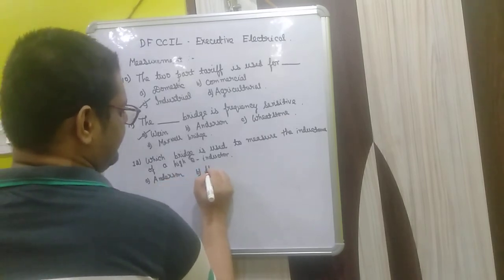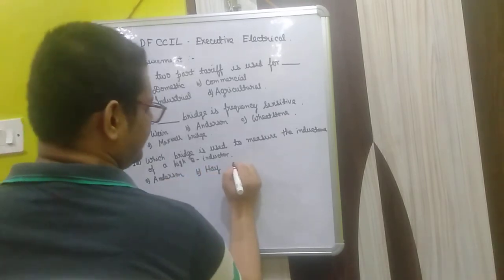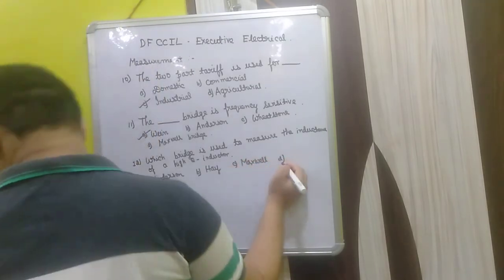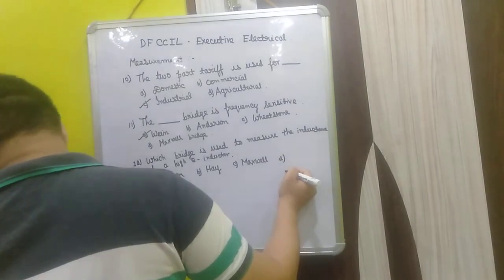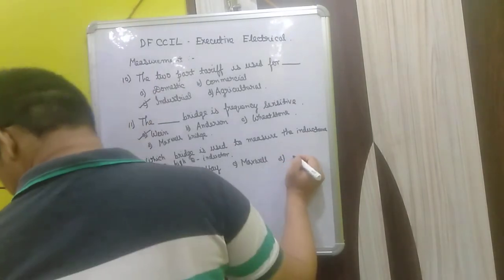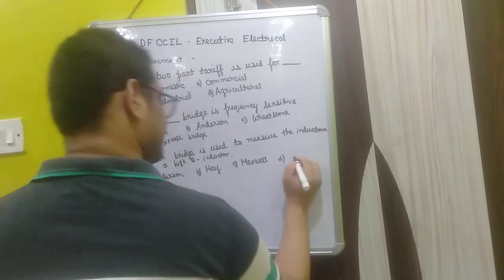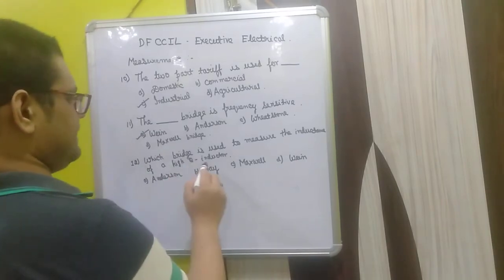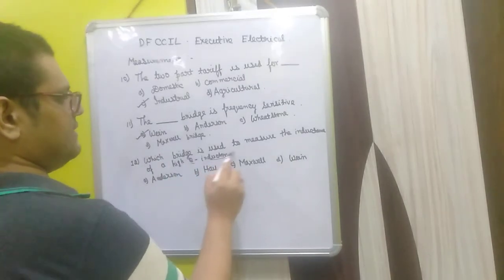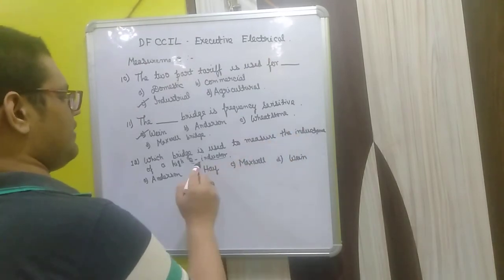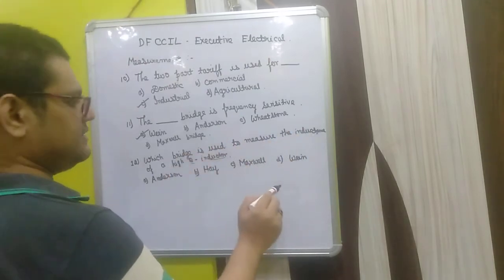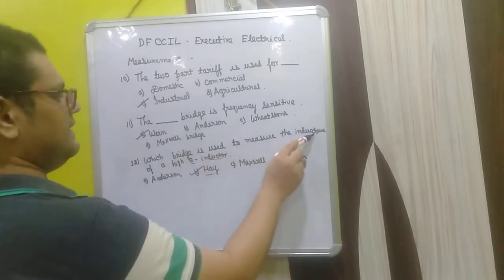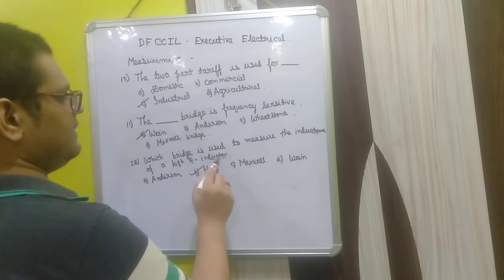Number B is Hay Bridge. Number C is Maxwell Bridge, and number D is Wien Bridge. So when we are checking the inductance of a high Q inductor, if this type of question comes, you have to click on only the Hay Bridge. Only Hay Bridge is used to measure the inductance of a high Q or quality inductor.